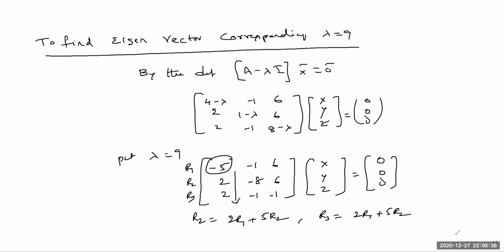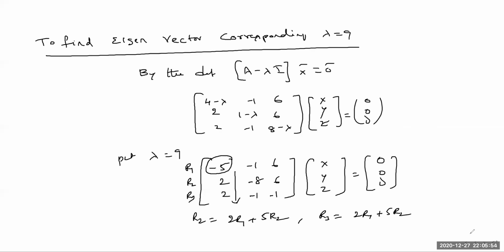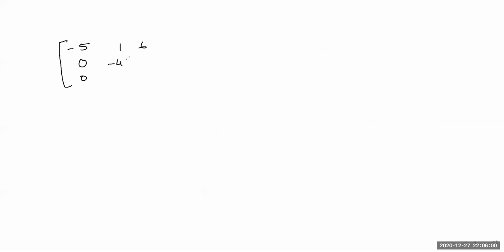R1 is as it is: minus 5, 1, 6. In the second row you get 0 as the first element, and the values minus 42, 42.